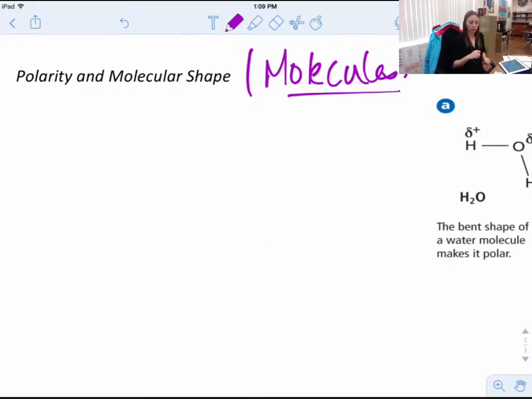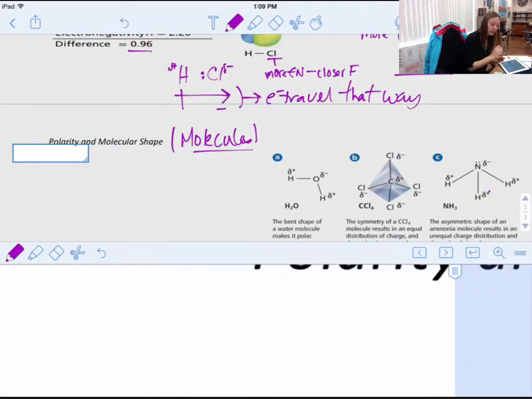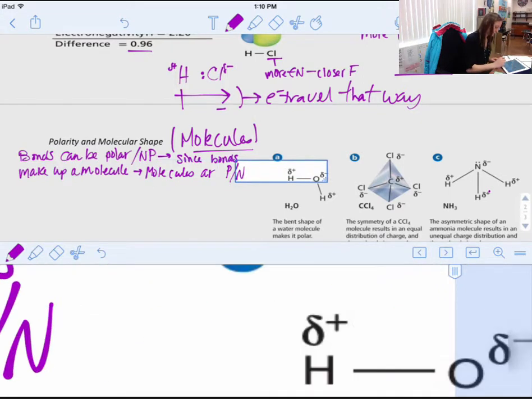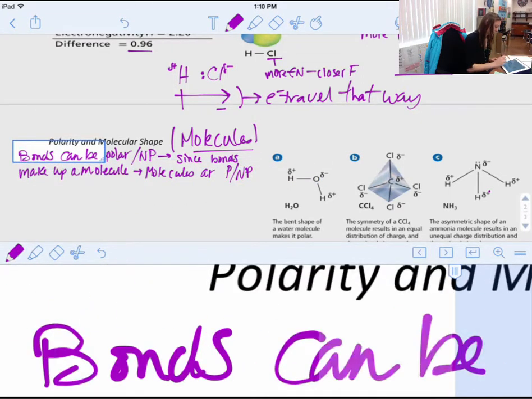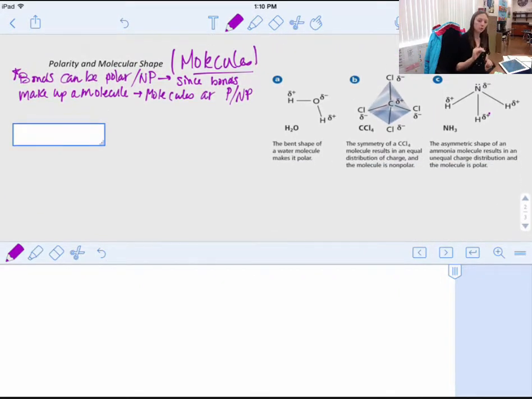Bonds can be either polar or nonpolar, and since bonds make up a molecule, molecules can be polar or nonpolar. And really what we care about more is the molecule part: is this molecule polar or is this molecule nonpolar?